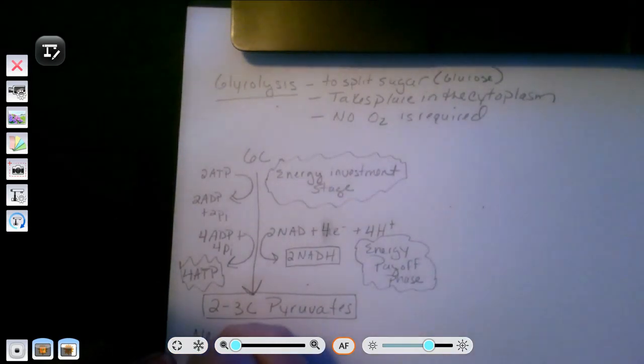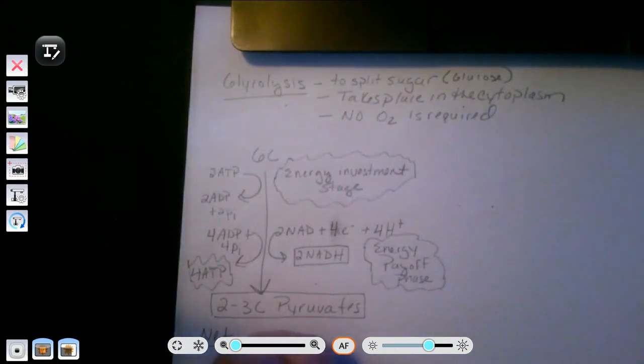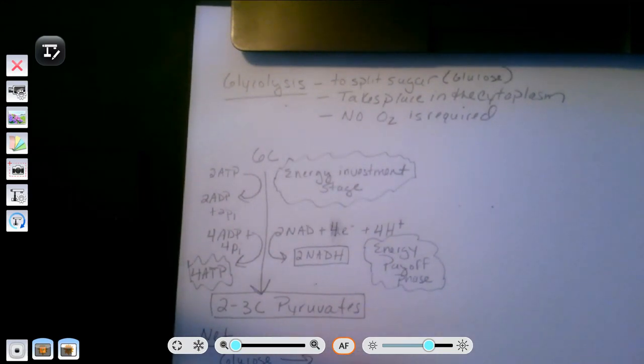So we want to talk about the net. The glucose becomes pyruvate.